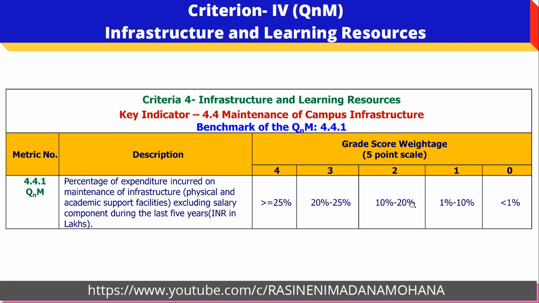If it is 10 to 20%, the grade is 2. If it is 1% to 10%, the grade is 1. If it is less than 1%, the grade is 0. So based on that, you can check where you are standing. This is the benchmark of the quantitative metric 4.4.1.